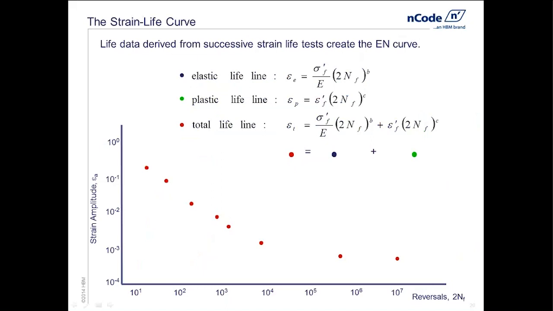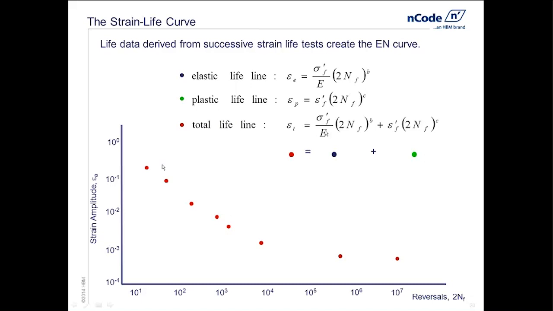If we look at the equations up here, the equation for the strain life curve is this bottom equation, and the first component here is the elastic portion of the strain. So this is looking at elastic strains, and it generates what would be a high cycle behavior. The second term here is looking at the plastic strains, and it's basically driving the low cycle behavior.